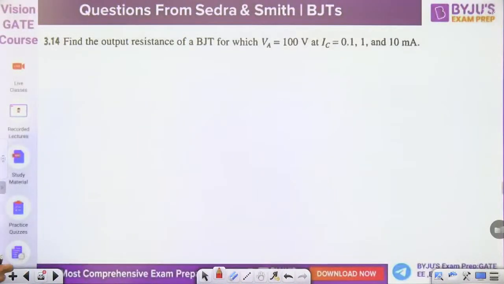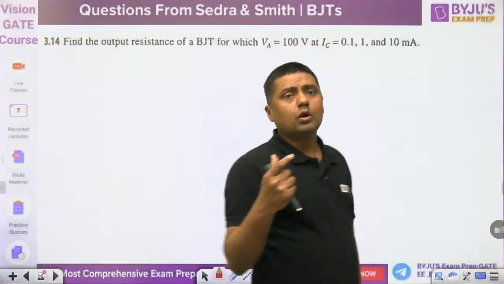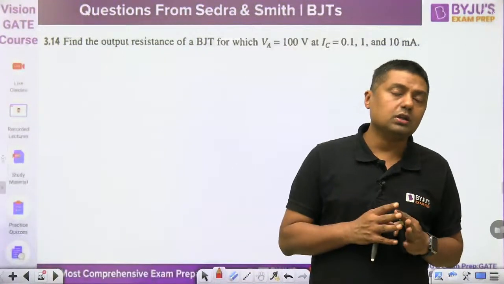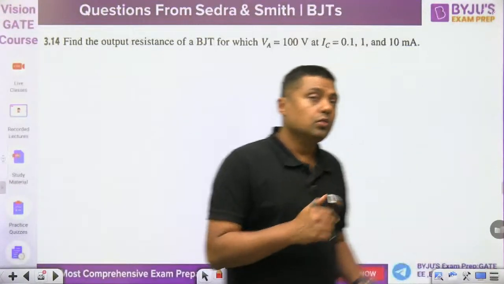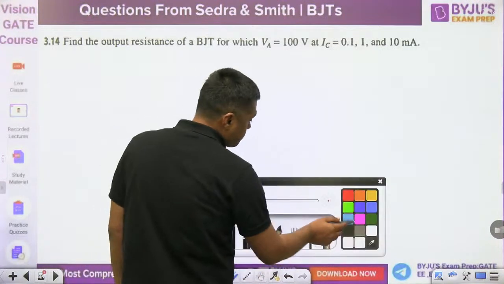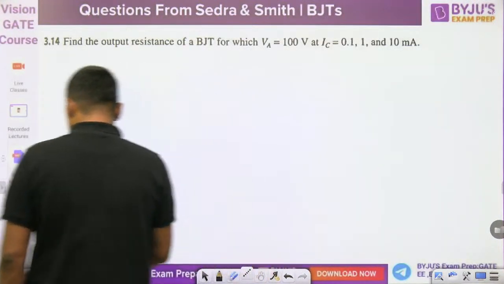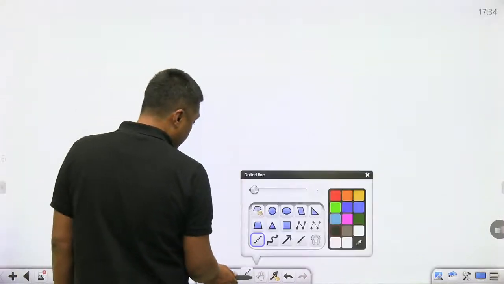Find the output resistance of a BJT for which VA is equal to 100 volt at IC equal to 0.1, 1, or 10 milliampere. Now, I'm trying to cover different types of topics here. So now the questions are on the Early effect.